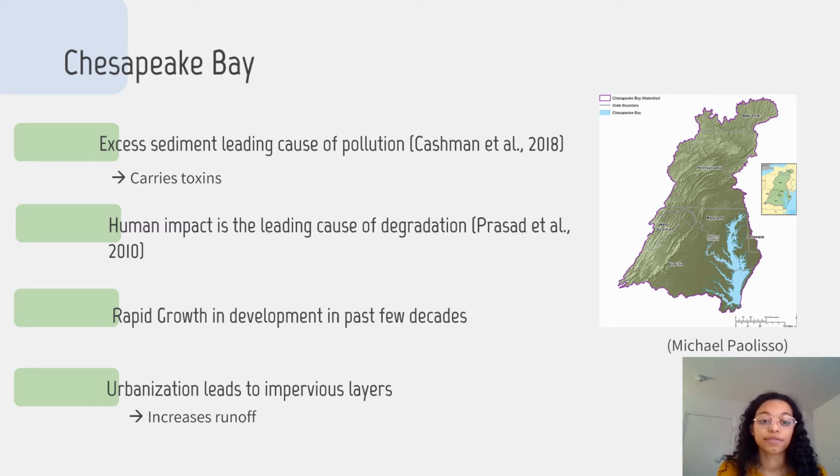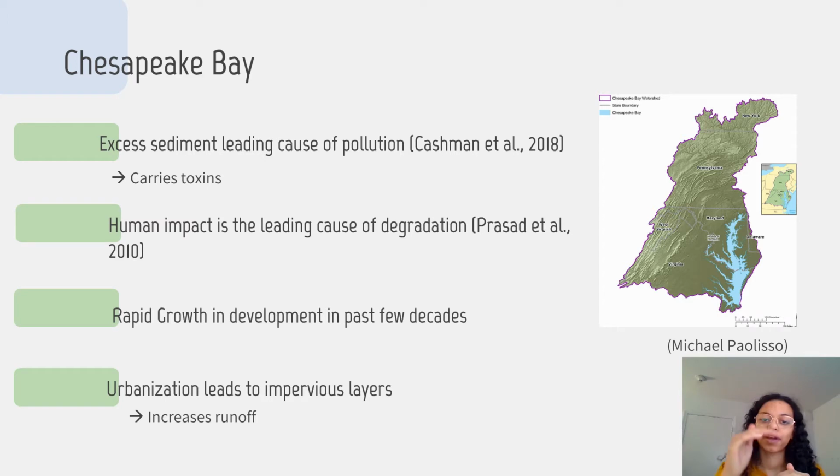The leading cause for excess sediment and the subsequent degradation of the ecology is humans. Humans do things like urbanize landscapes through development and clearing of land for agricultural purposes, and in the past few decades there's been even more growth and more urbanization, and all of this urbanization leads to impervious layers, which lead to excess sediment because it increases runoff.